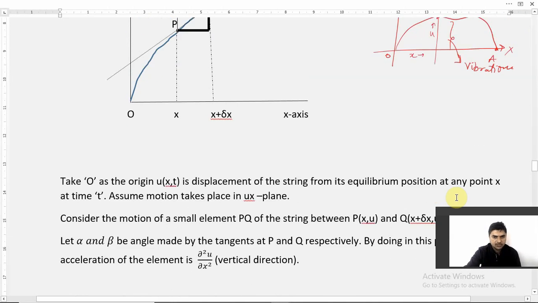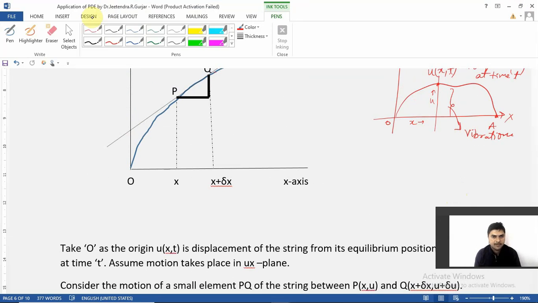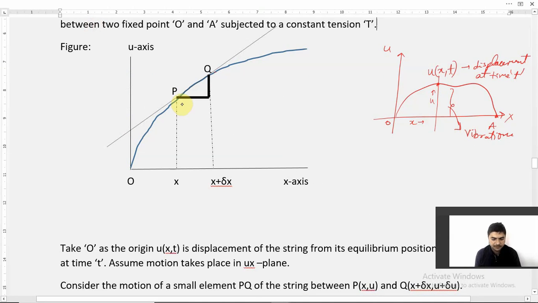So let us draw this alpha. So at point P, there is an angle alpha. So I'll just draw this line and say this is the angle alpha. And at point Q, there is another angle from this line.